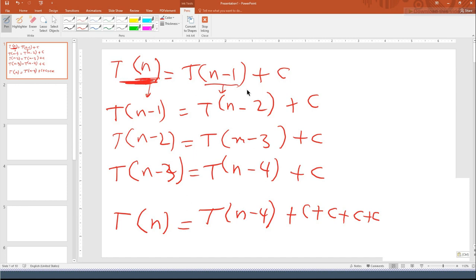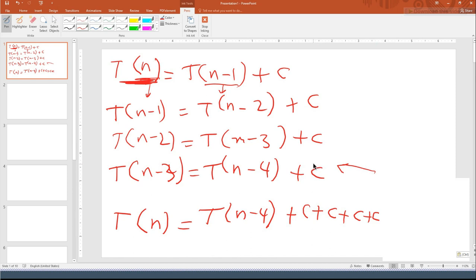Tn equal Tn minus 1. So Tn minus 1 equal Tn minus 2. I didn't remove anything. No, wait. It's a backward operation. Backward operation. See, I reached this point, right? Tn minus 3 equal Tn minus 4 plus C.